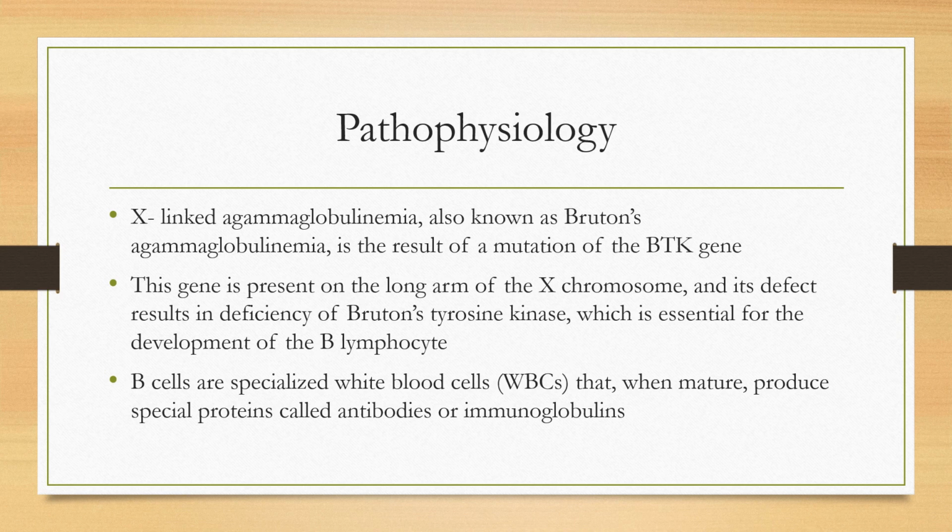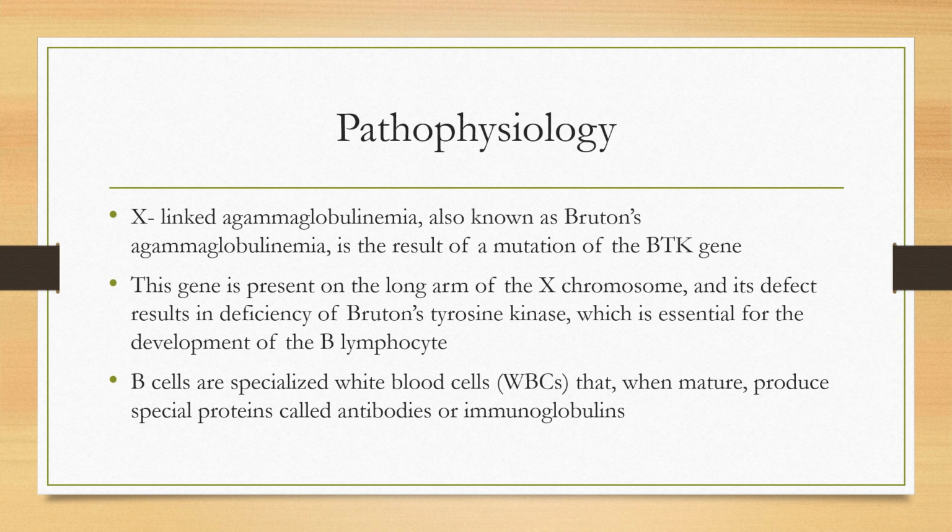So the pathophysiology. X-linked agammaglobulinemia, also known as Bruton's agammaglobulinemia, is the result of a mutation of the BTK gene. This gene is present on the long arm of the X chromosome, and its defect results in deficiency of Bruton's tyrosine kinase, which is essential for the development of the B lymphocyte.